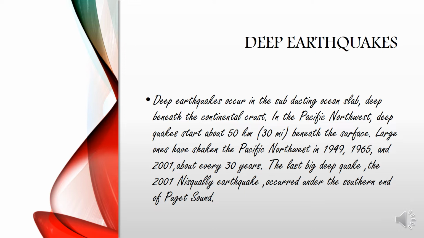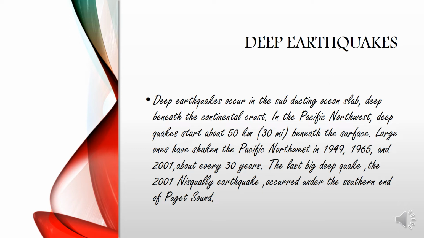Deep earthquakes. Deep earthquakes occur in the subducting ocean slab. A slab is where older, denser tectonic plates sink into the mantle at subduction zones. Deep beneath the continental crust in the Pacific Northwest, deep quakes start about 50 kilometers beneath the surface.